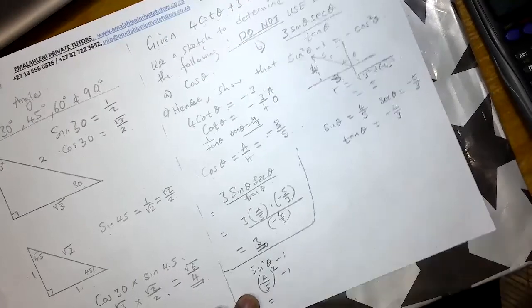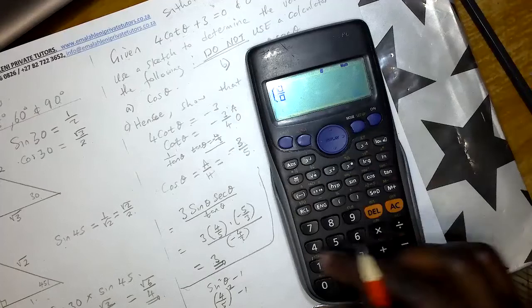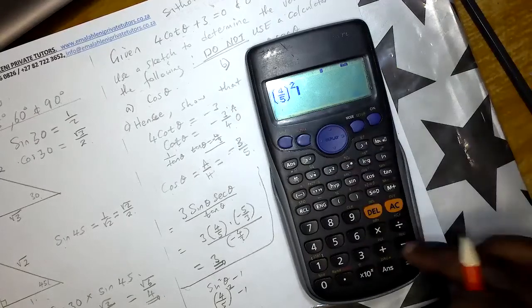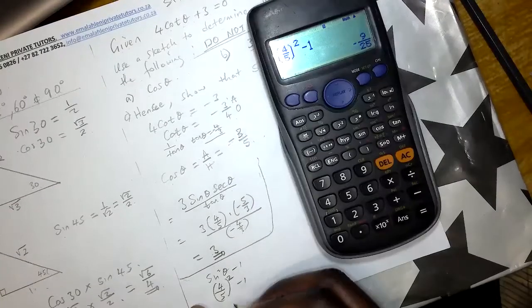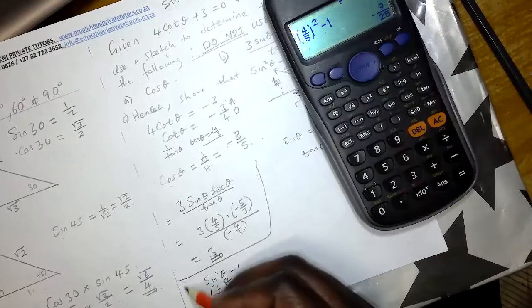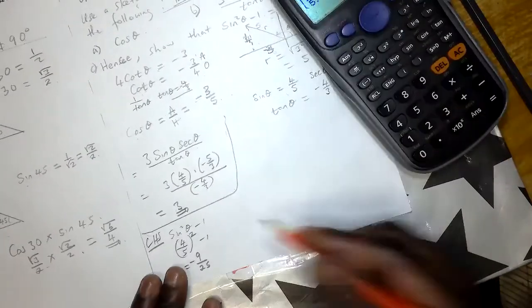What do we get? We get negative 9 over 25. That is the left hand side. What about the right hand side?